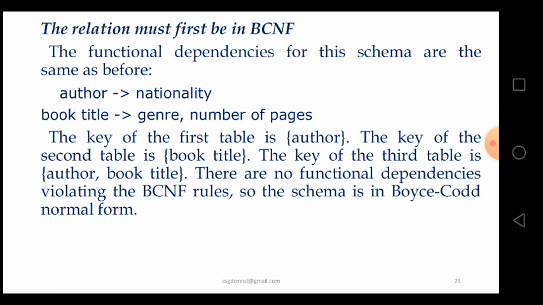The key of the third table is author, book title. There are no functional dependencies violating the BCNF rules, so the schema is in Boyce-Codd normal form. We will discuss another example.